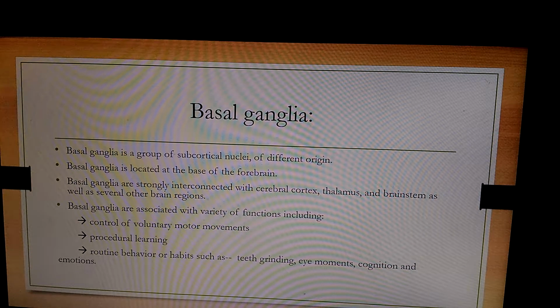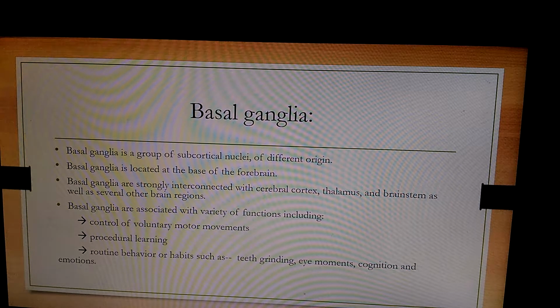Basal ganglia are associated with a variety of functions, which includes control of voluntary motor movements, procedural learning, routine behavior or habits such as teeth grinding, eye movements, cognition, and emotions.